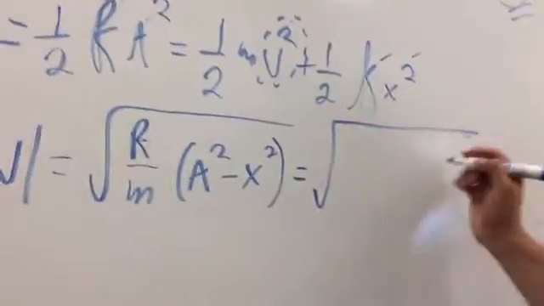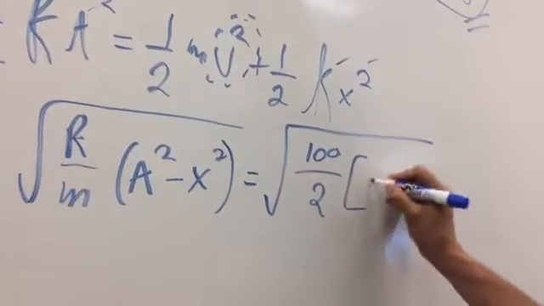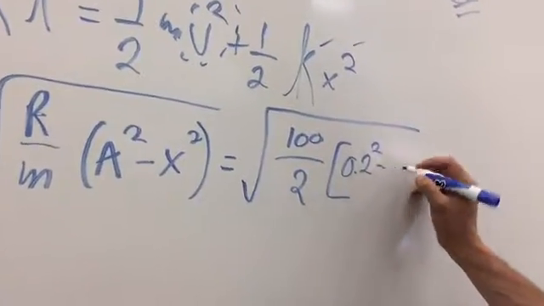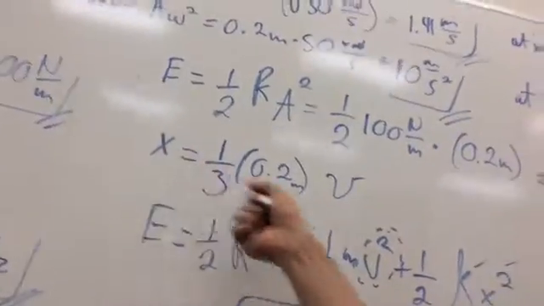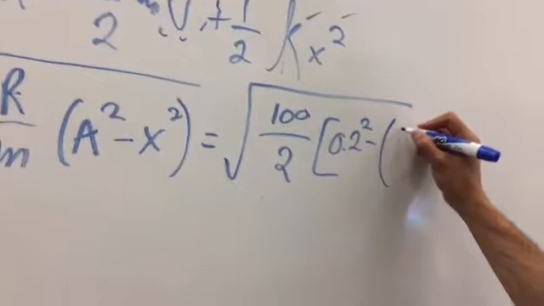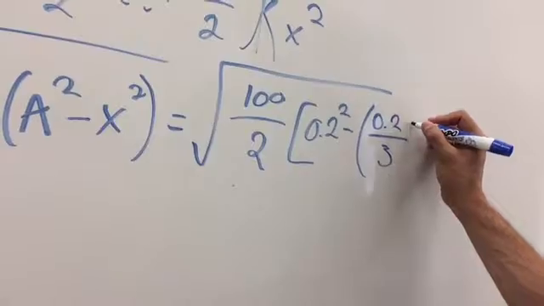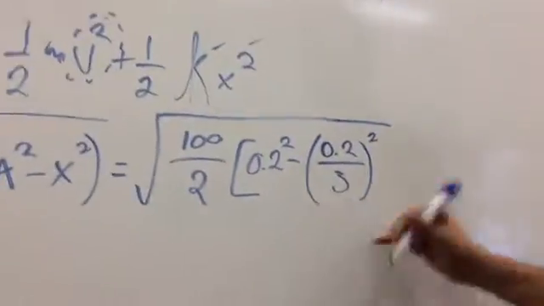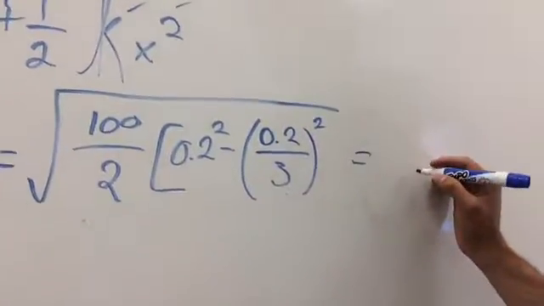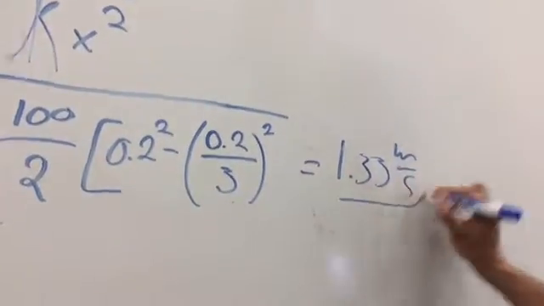If we substitute the values we know, 100 for the constant, the mass, the amplitude squared, and x equal to 0.2, the amplitude, over 3, we obtain that the velocity is equal to 1.33 meters per second.